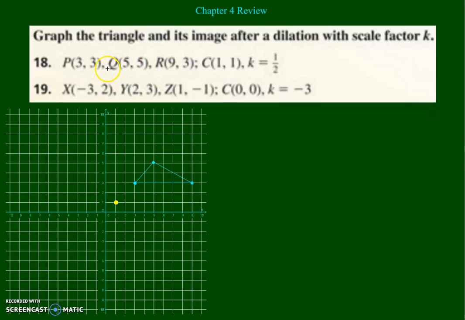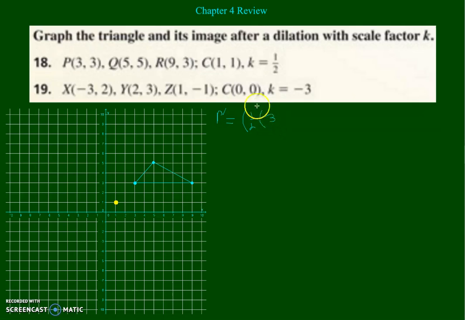We're going to do P prime. P prime is equal to, we take the scale factor, so 1/2, times the x-coordinate of our point, 3.